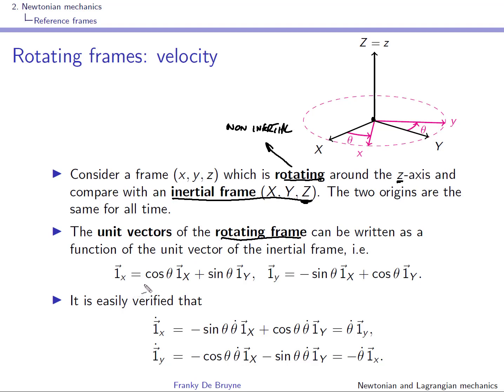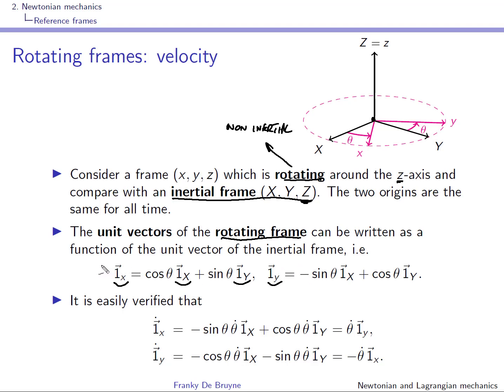Of course we are interested in the unit vectors x and y of the rotating frame, and we'll write them as a function of the unit vectors again, but this time in the inertial frame. So this is why we have a capital X here and a capital Y. You have something similar for the unit vector y in the rotating frame.